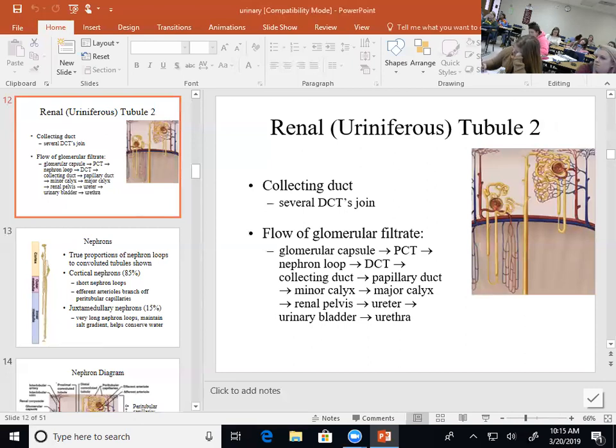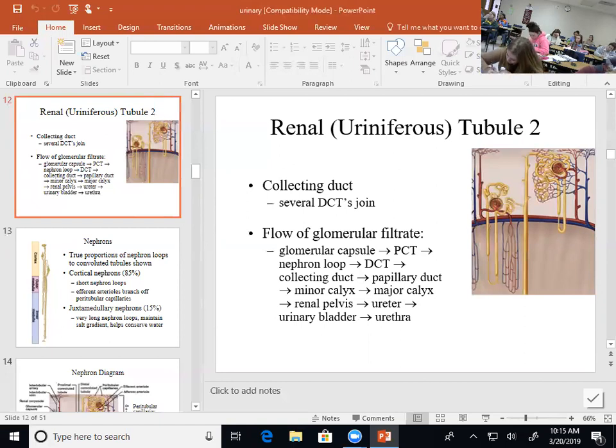When I told you that your kidneys filter 150 liters of blood a day, you weren't thinking, well, I don't pee 150 liters a day, right? What do you urinate? An average adult that's hydrated is going to urinate about 1.5 to 2 liters a day.